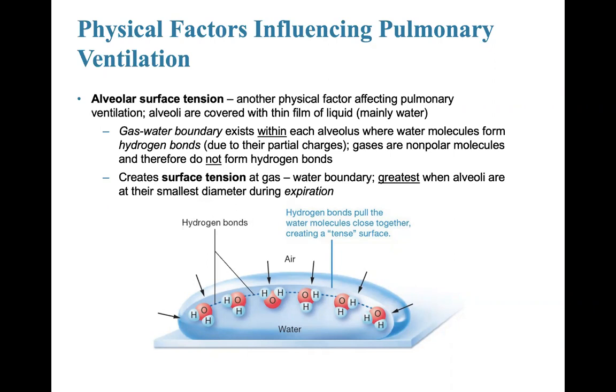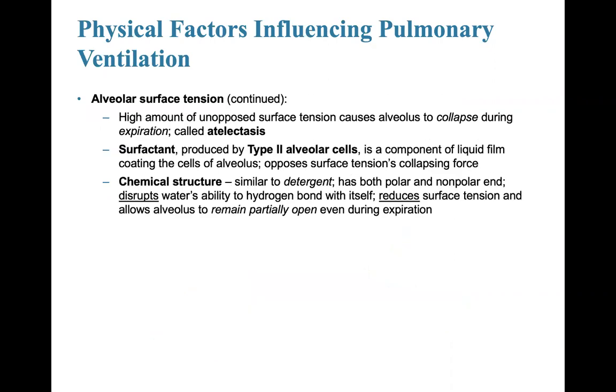Gases are nonpolar molecules and therefore do not form hydrogen bonds. This creates a surface tension at the gas-water boundary, which is greatest when the alveoli are at their smallest diameter during expiration. The high amount of unopposed surface tension causes the alveolus to collapse during expiration.